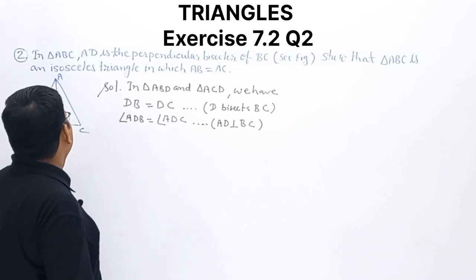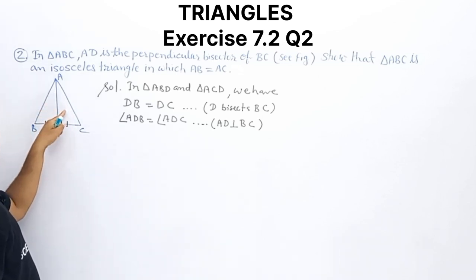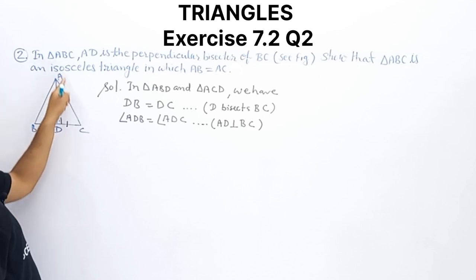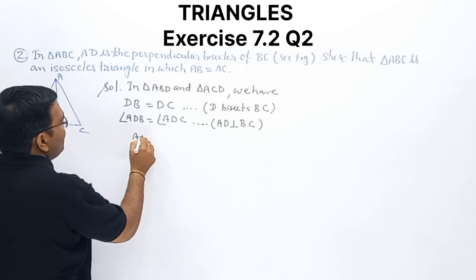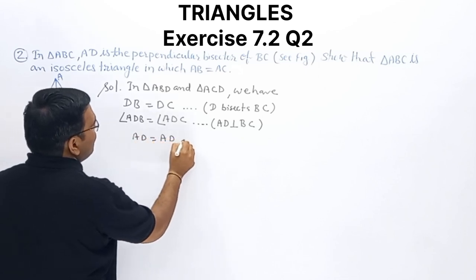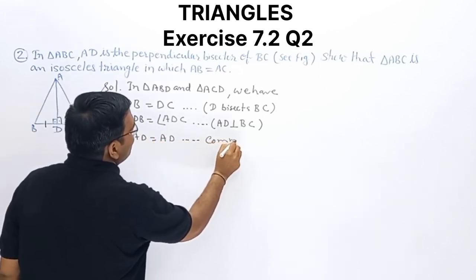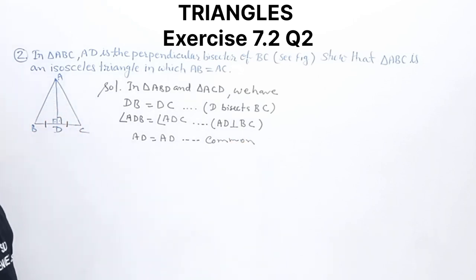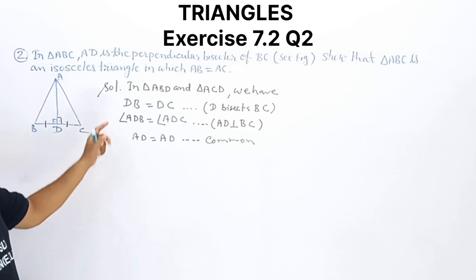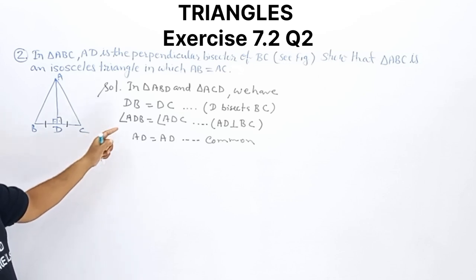Another thing we observed. In both triangles ABD and ACD, AD is common. AD equals AD, and it is common in both triangles. Clear? So we observed three things. For congruence of any two triangles, we require three things, and we have these three things.